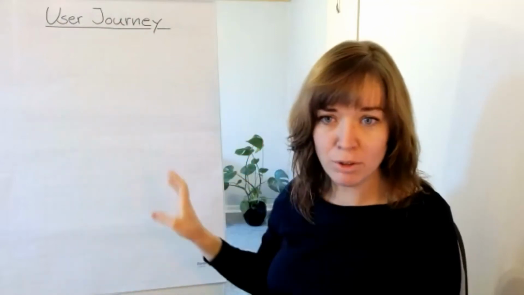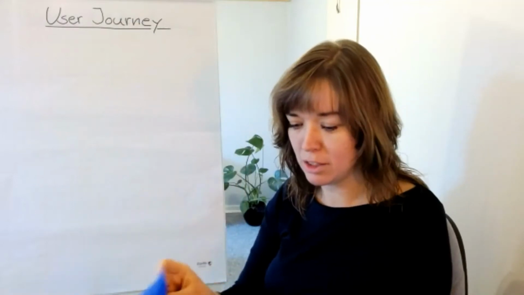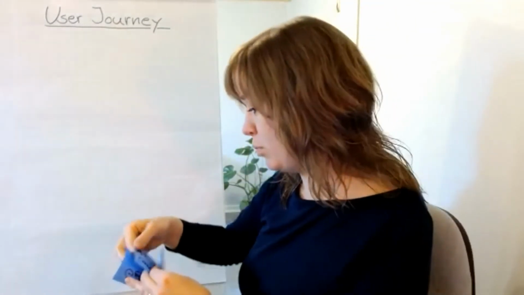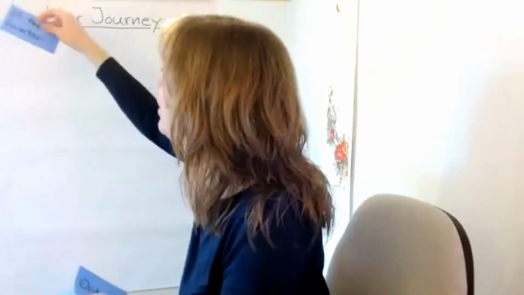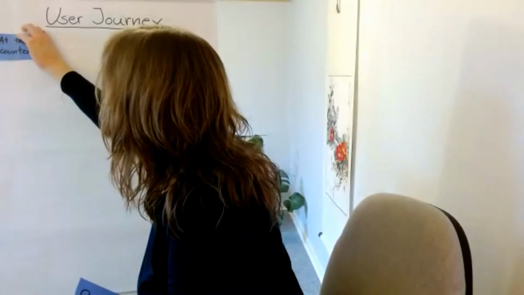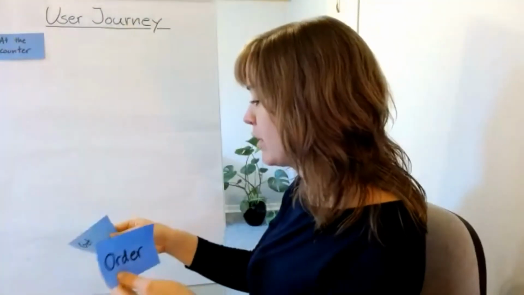So we start off with a user journey, and then we let that guide what else we discover, what else we need to create. Actually, we're a little bit further than I was thinking. We're further than the door. We're already at the counter. So as a customer, I'm at the counter. What do I need to do? I need to order.